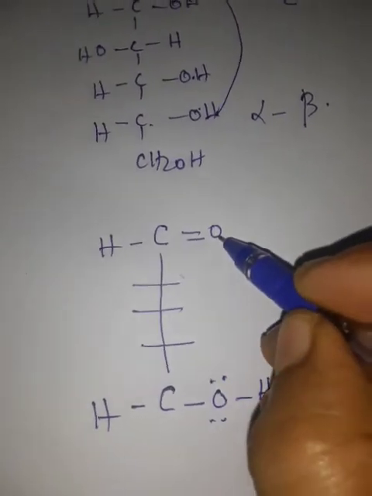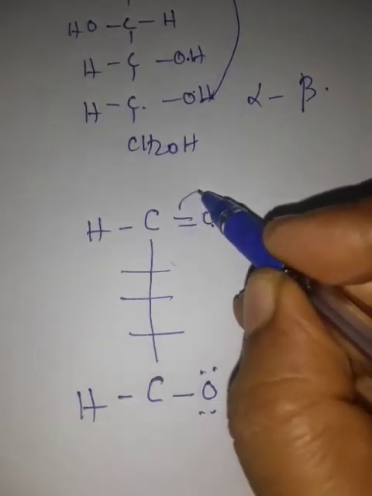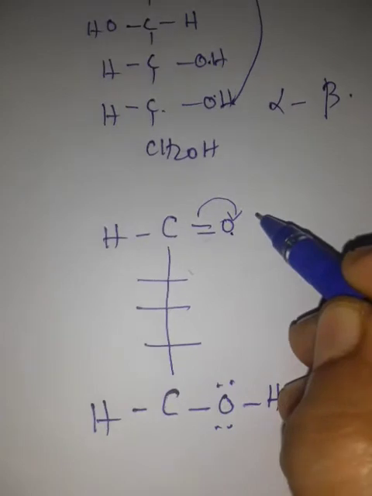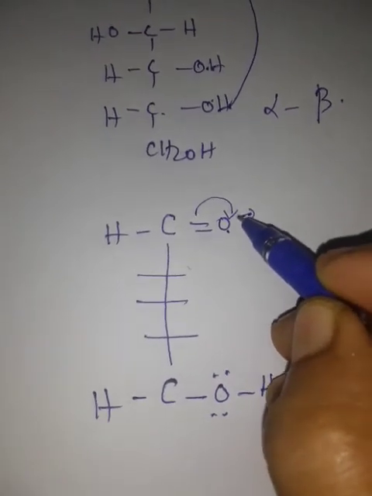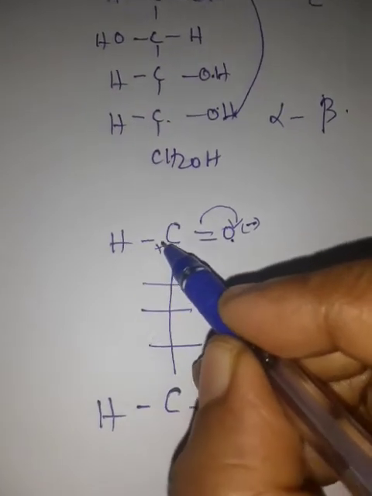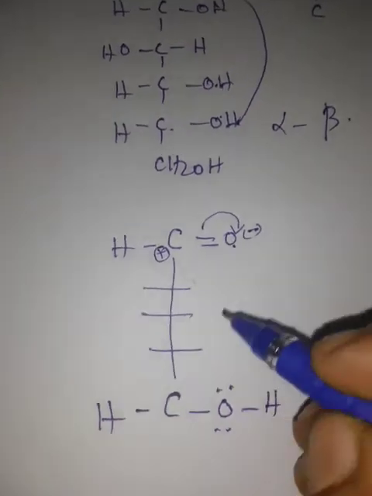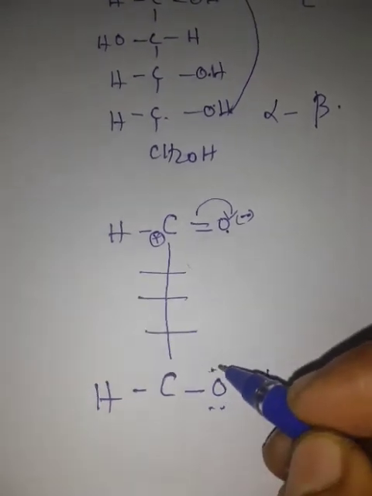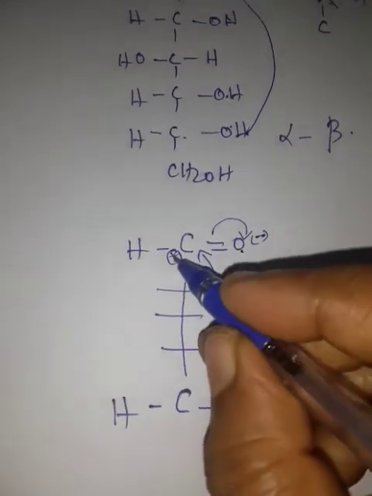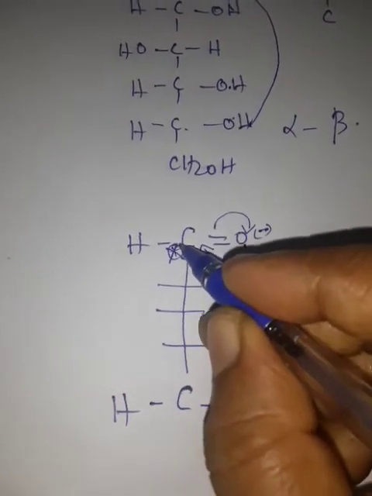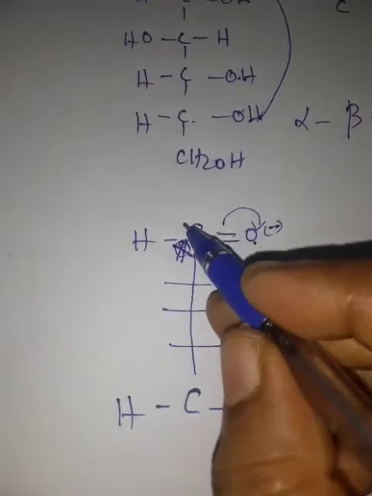This oxygen is more electronegative, so the bond shifts toward it. So the oxygen becomes negative and the carbon becomes positive. Now one of the lone pairs can shift to the carbon, so the positive charge is gone and the carbon becomes neutral.